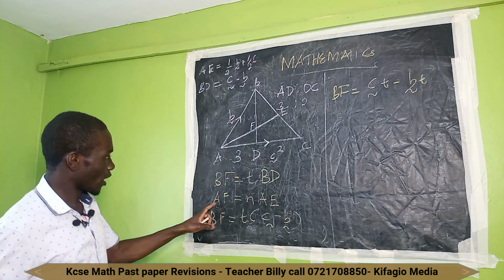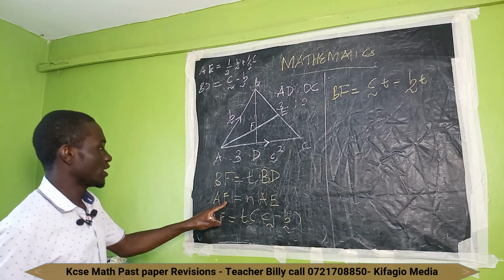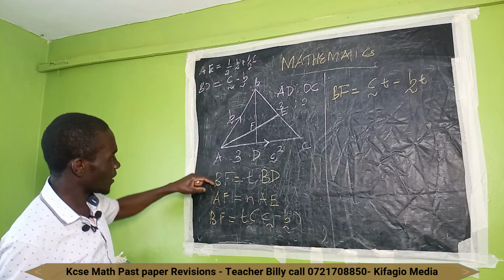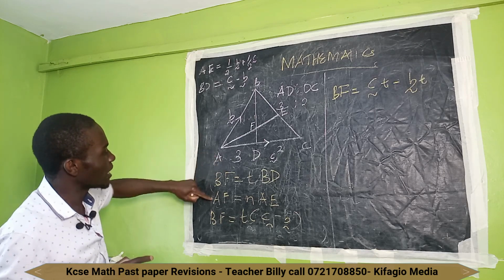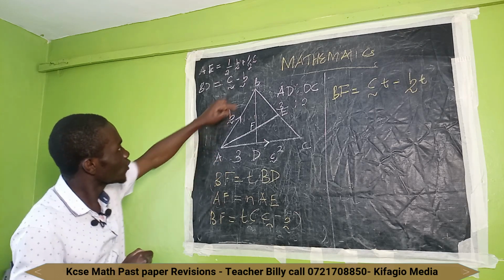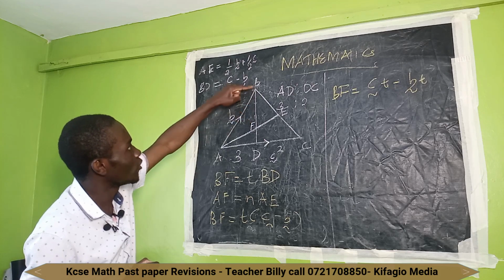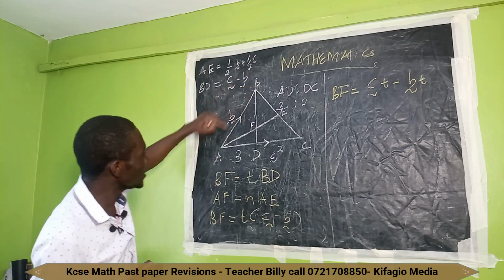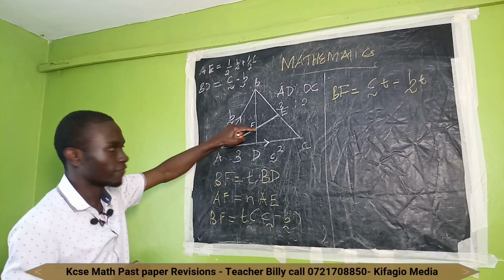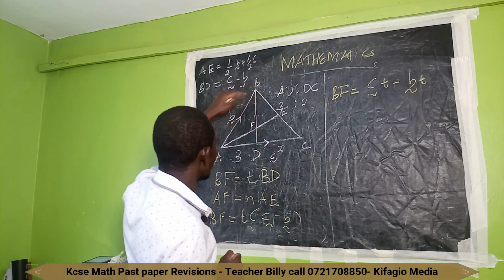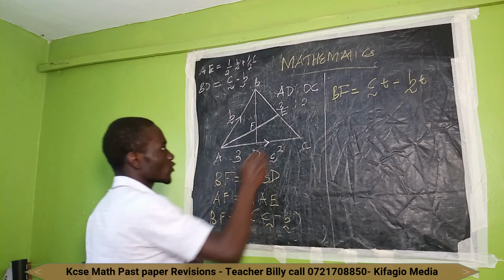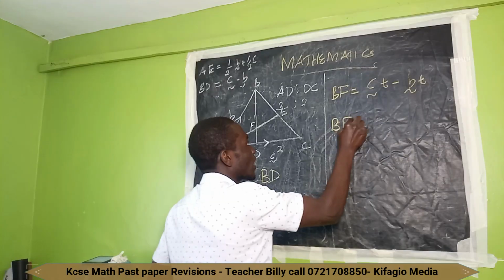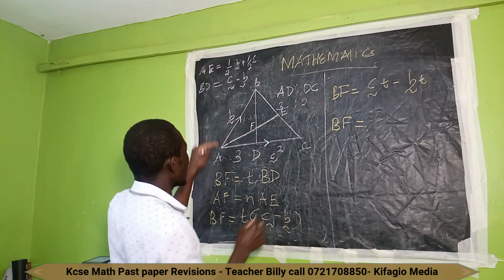Then secondly, express BF in another way, passing through AF. So BF is a line segment directly on BD. But again, for BF, you can move BA, then AF. So BF can also be equal to BA plus AF.